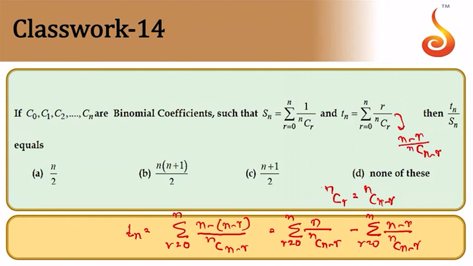This is nothing but Tn, because r by nCr is nothing but (n minus r) by nC(n minus r). Both are the same, because nCr is the same as nC(n minus r). So from this we get 2Tn is equal to n times Sn.